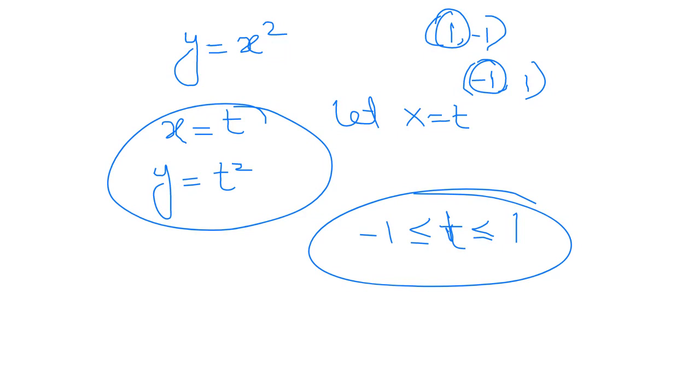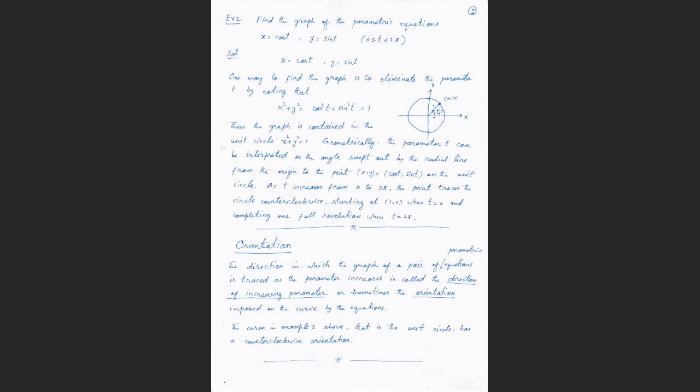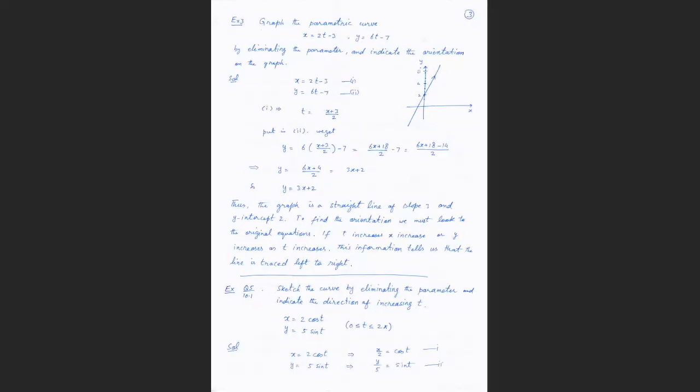Got it? Similarly, whatever the independent variable is, you have to choose accordingly. So these are the examples for which you have to change the graph into parametric form. In simple words I explained.